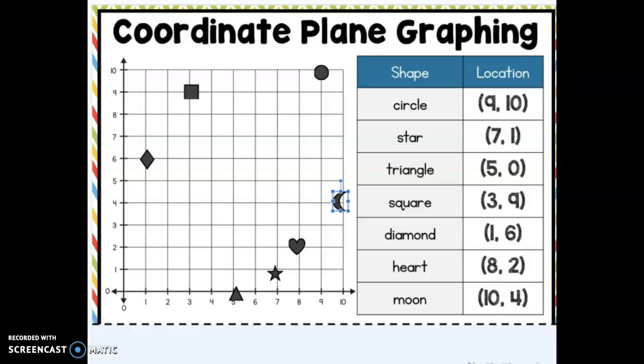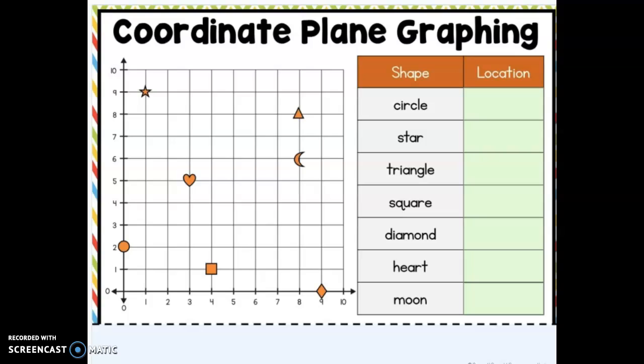Okay, I'll do one more example for you and then you guys are on your own. Okay, here we go. What are the coordinates of the circle? It went over 0 on the x, but it went up 2.